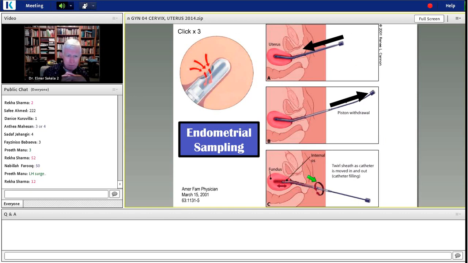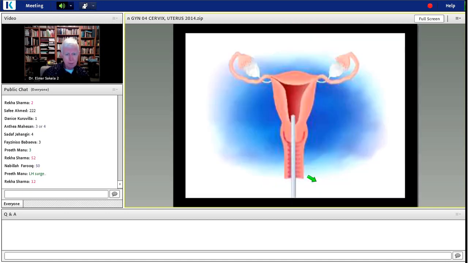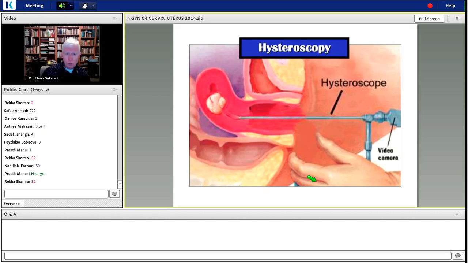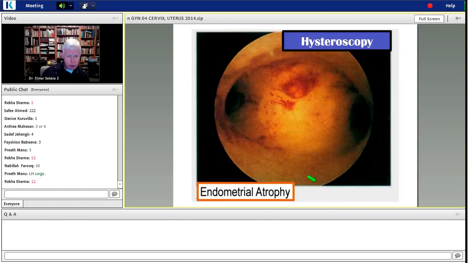This is not a biopsy in the sense of going deeper to where you get the stroma. This is the surface cell. So it needs to be a diffuse lesion which is present in order to pick this up. If you don't find it with an endometrial biopsy, then you do the hysteroscopy.